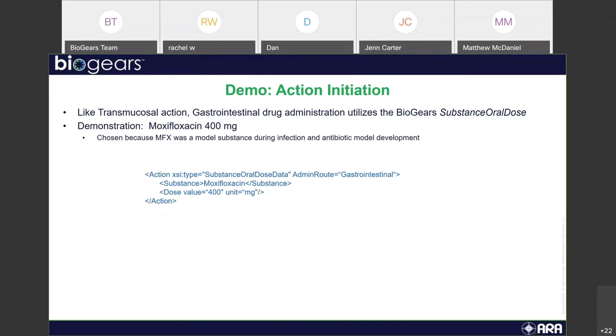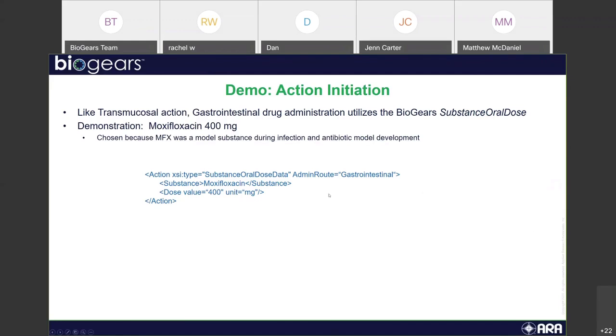So last thing I want to do is show our GI absorption model in action. Our model substance for our GI model is moxifloxacin. This was our model substance because when we were working on our infection and antibiotic model development, this was one of our substances that was called out in our prolonged field care contract as being of interest, something that you might see applied in the field.